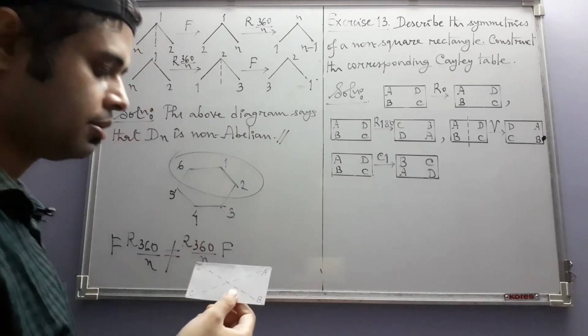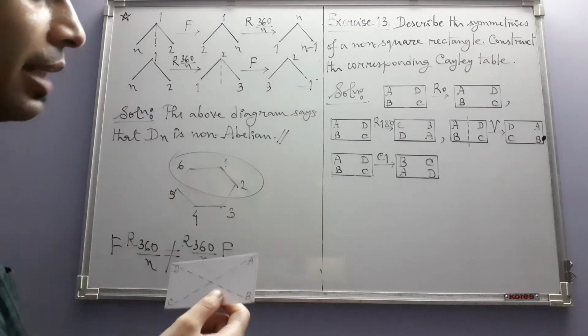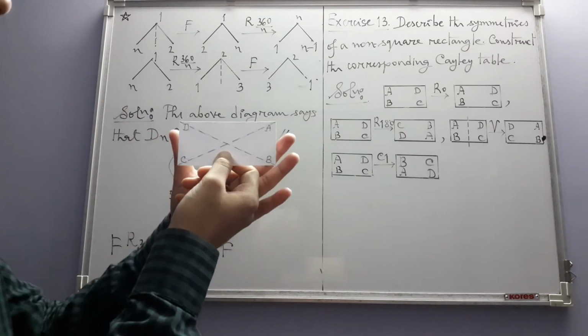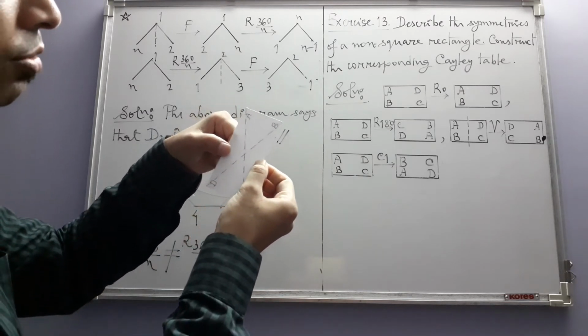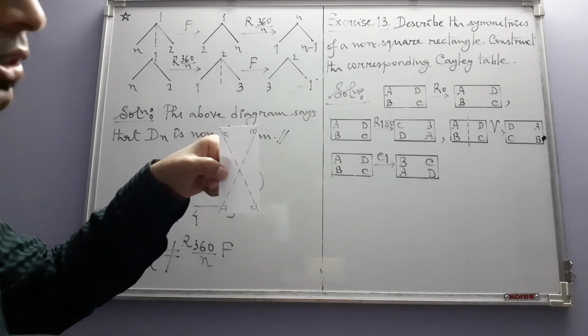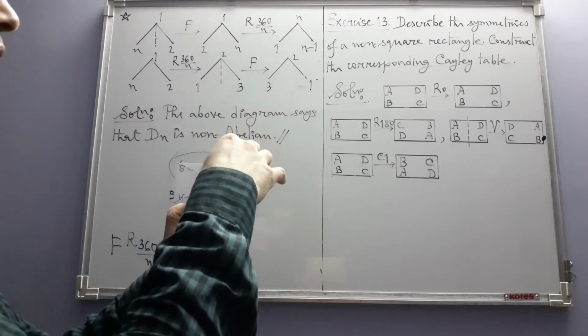But what about maybe some other operations? You can see one thing, that unlike a square, since this is a non-square rectangle, rotation through an angle of 90 degrees does not give us the same position. It's now upright, it's not horizontal like this.